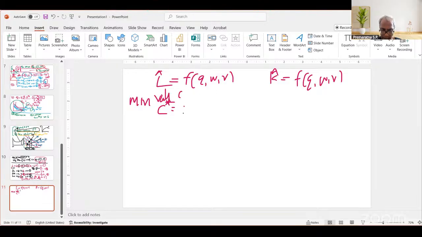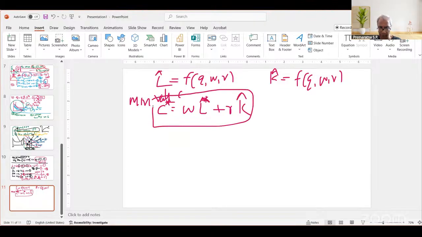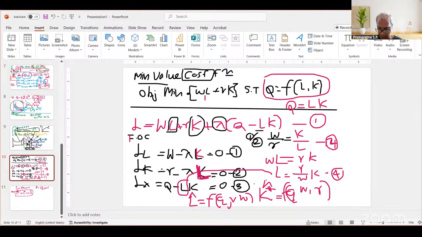There I get the W L star, the equation that you derived, you can put here, plus R K hat, whatever the equation. This is what we call the minimum value cost function. The optimal input demand functions, L hat and K hat, you derive here, so with these two equations you can get that value.